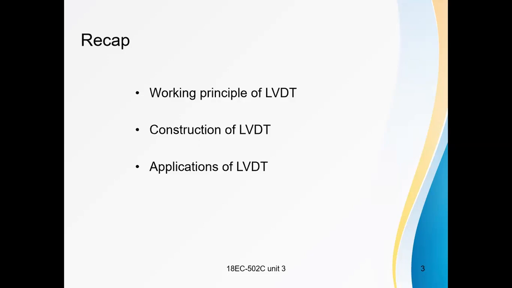Between the primary winding and the secondary winding there is a displacement core. If this displacement core is at the center, the EMF induced in secondary coil 1 and secondary coil 2 is the same. The number of turns of S1 and S2 is equal, but they are connected in opposite ways, so there will be a phase difference between the two coils.